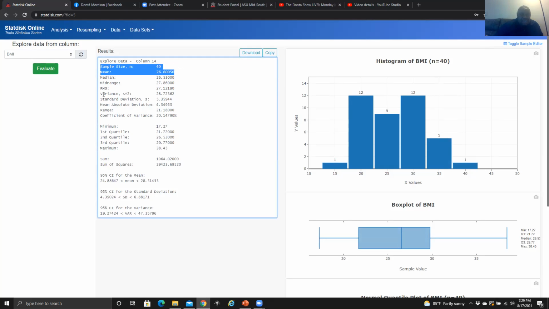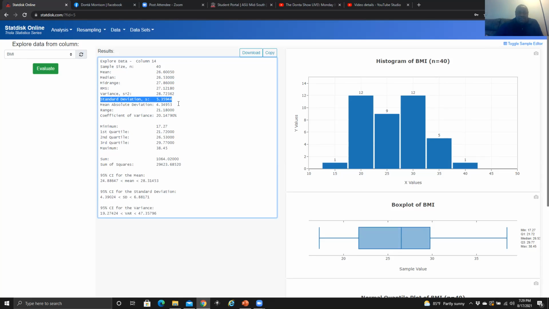I also need something else, the standard deviation. That's this number right here. To two decimal places, that'd be about 5.36. Those are the three pieces of information I'm going to need here in this case.